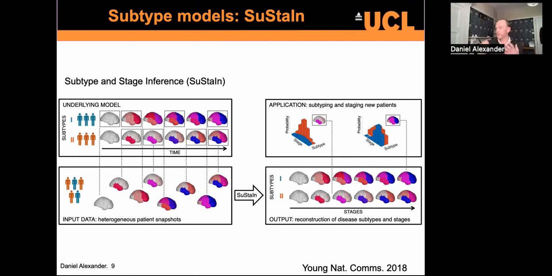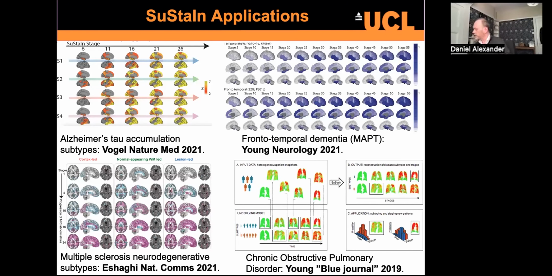So it's essentially an unsupervised learning algorithm that simultaneously identifies a set of disease subtypes, the trajectory that defines each of those subtypes, and an assignment of individuals to both subtype and position along that trajectory, or stage. I won't go into the details, but just to highlight that, although it's a technique that was specifically designed for understanding Alzheimer's disease better, since constructing that algorithm, it's found application in a much wider range of medical areas.